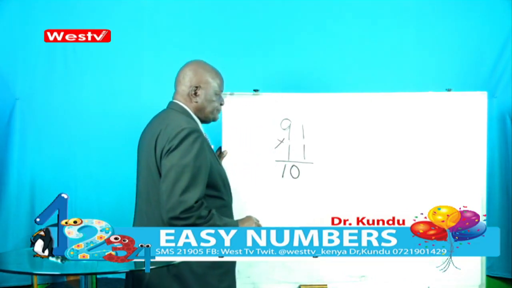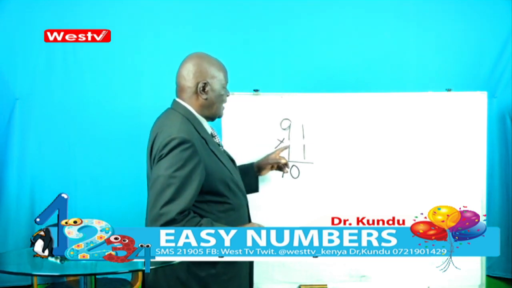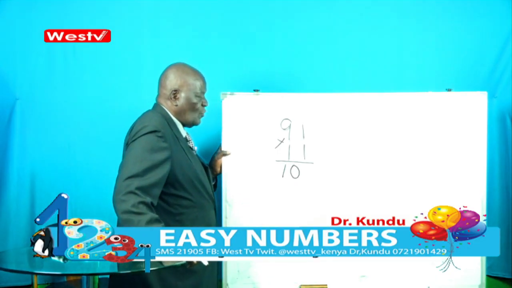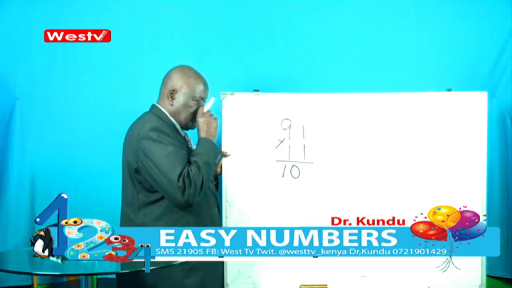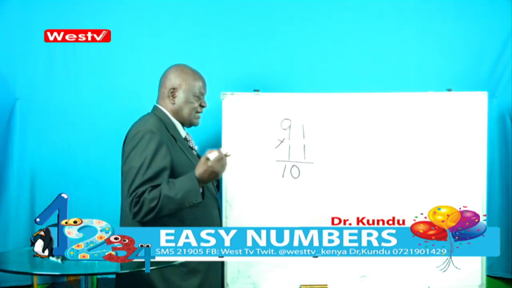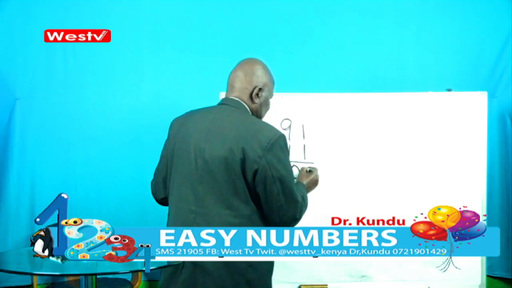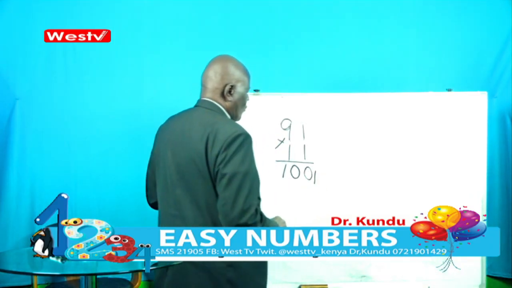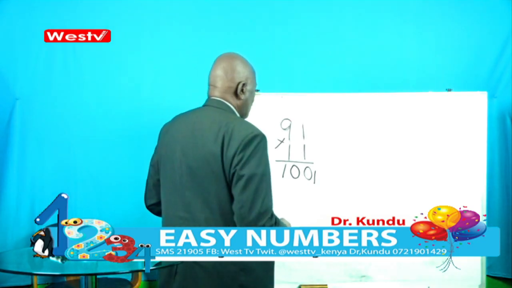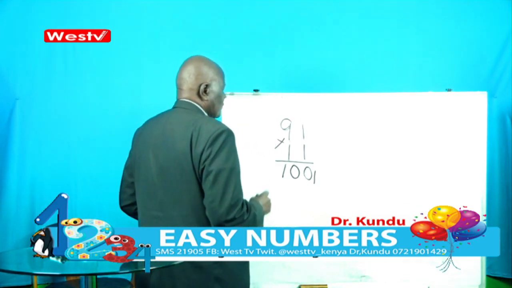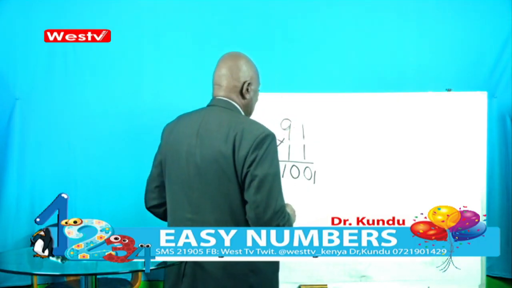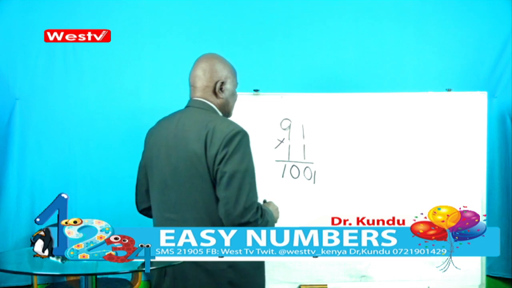And then we multiply this one by itself, 1 times 1, which is 1. And always when it is one digit, you state it as 0, 1. So when we multiply this number, we find 1, 0, 0, 1. So numbers whose left adds to 10 and the right is same would be multiplied in that manner.